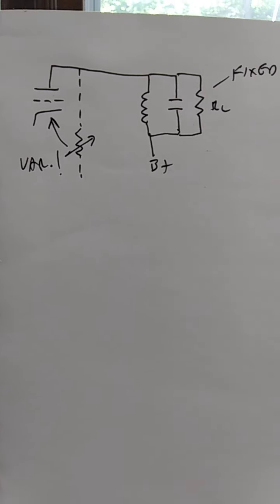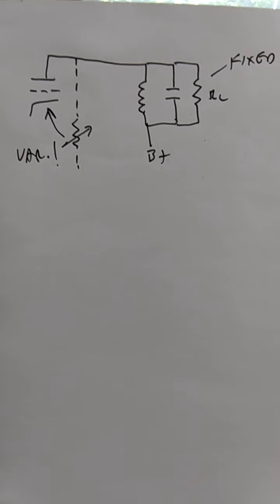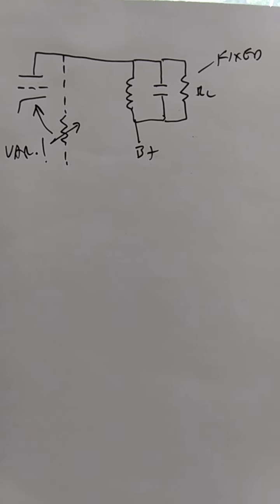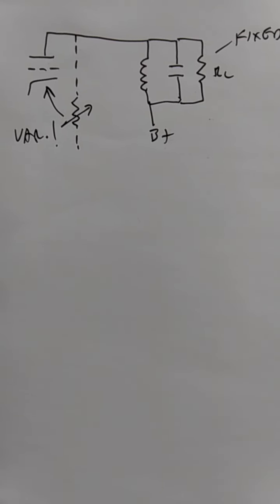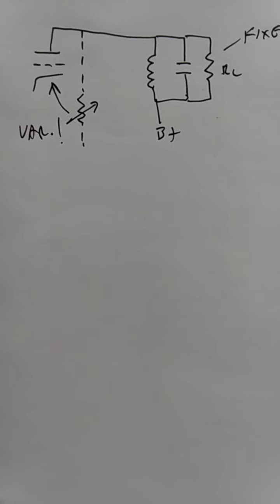Tube on the left. Parallel resonant tuned circuit on the right with a parallel R sub L load resistor going to B+. This is the circuit in the Radio Engineer's Handbook by Terman on Class C amplifier.